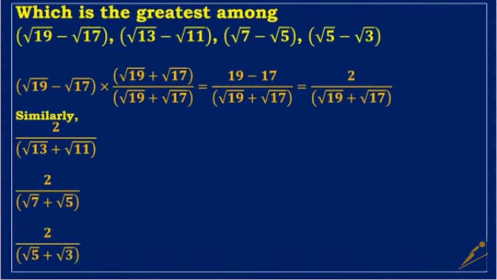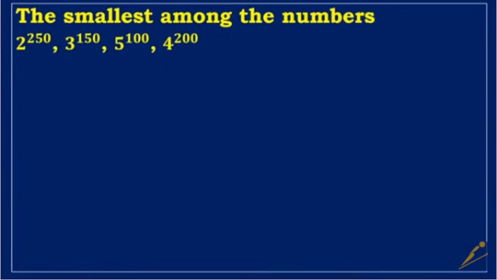Here, you notice that the lesser value in the denominator gives the greater number. So the answer is the square root of 5 minus the square root of 3. Let's take another example to better comprehend this concept. Which is the smallest value among the numbers?